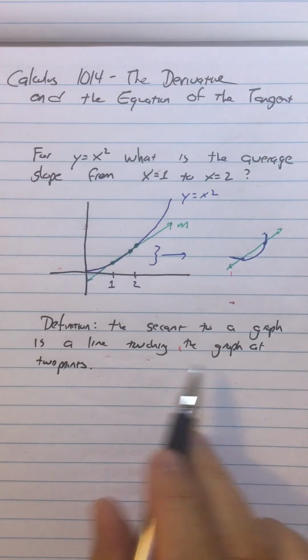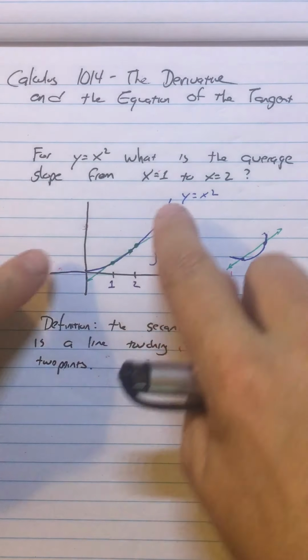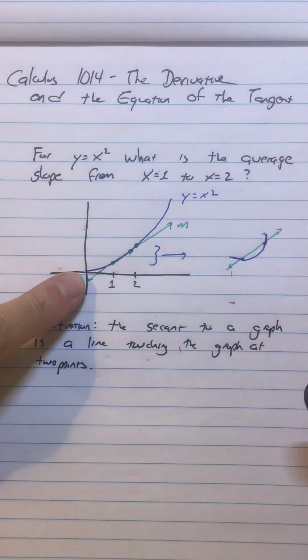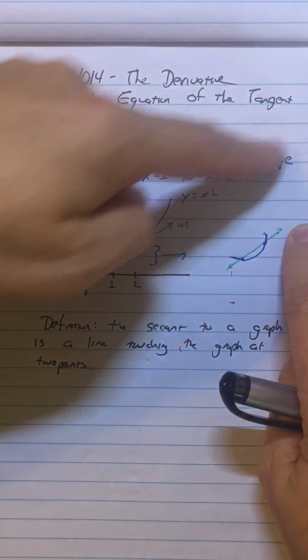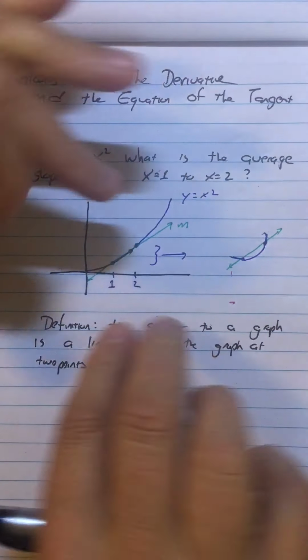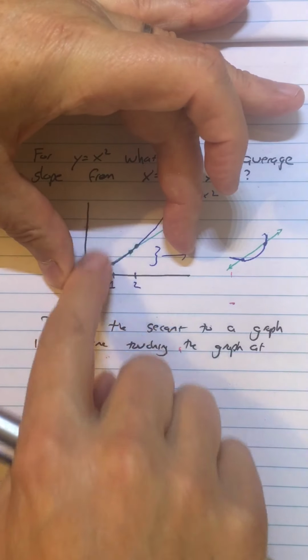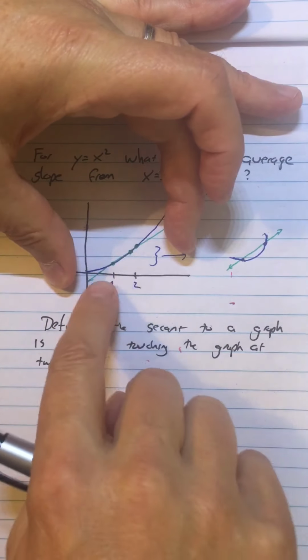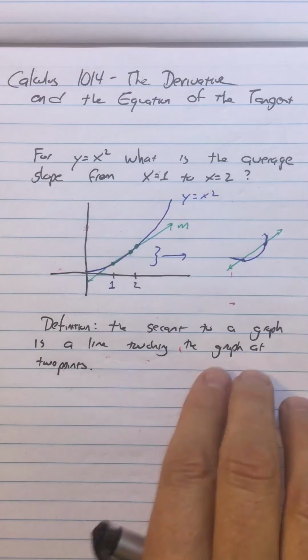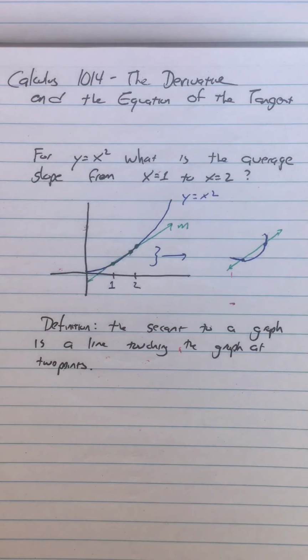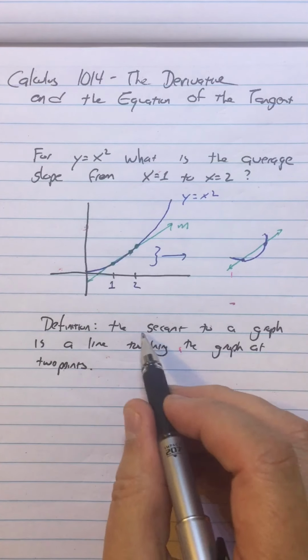It's really touching it locally at 2 points, because this graph could go up and curve back down somewhere, and the line could touch it at a third point. But we're really interested in a local area of the graph. So it's really touching the graph locally at 2 points. We could say 2 or more points, but there are some complications no matter how you define it. So anyway, that's called the secant.